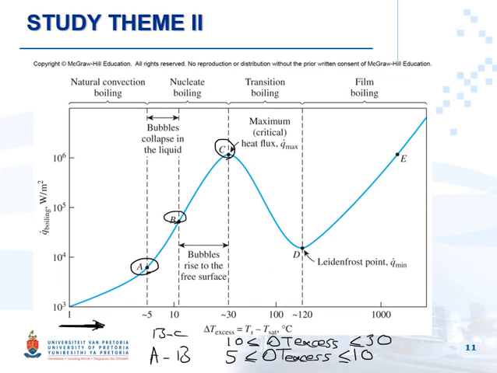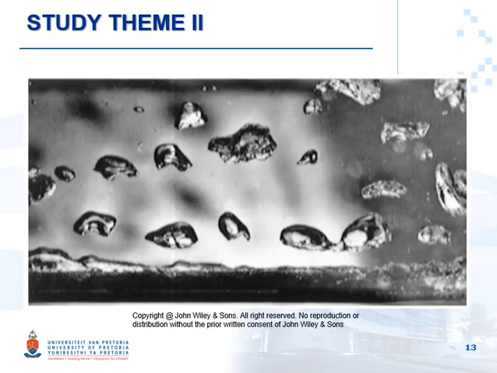So what will happen is that you see here there is a layer that is covered, and this is making it difficult for liquid to reach the heater surface and wet it.